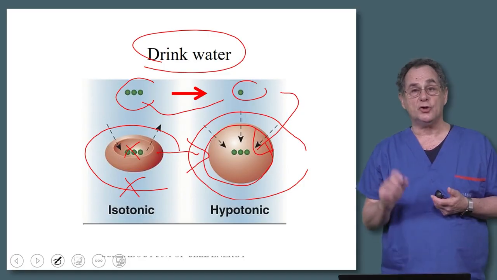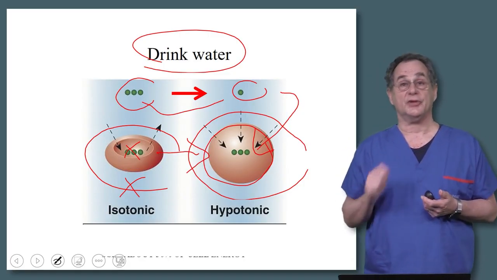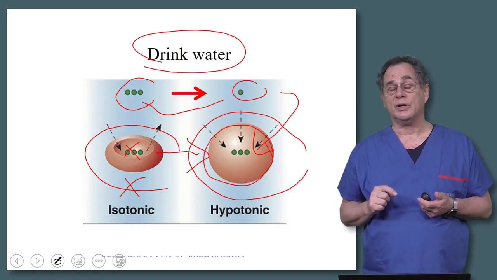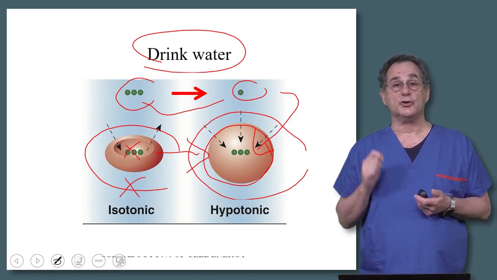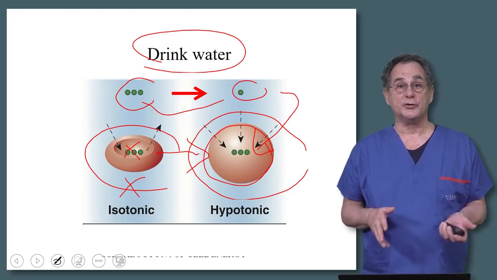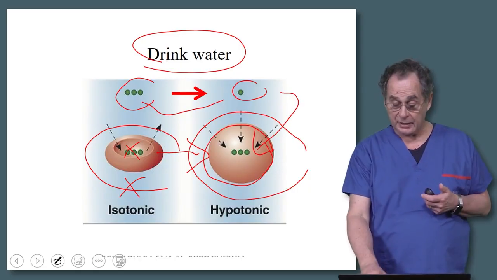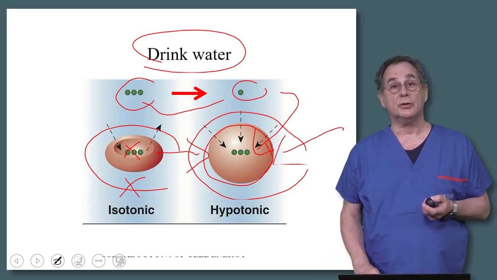Okay? So, drinking water will lead to an increase in cell size. Now that's important when we come back to our marathoner. Why did drinking water lead to so many symptoms like headache, nausea, and a seizure? And it might have something to do with the volume of cells in her brain.